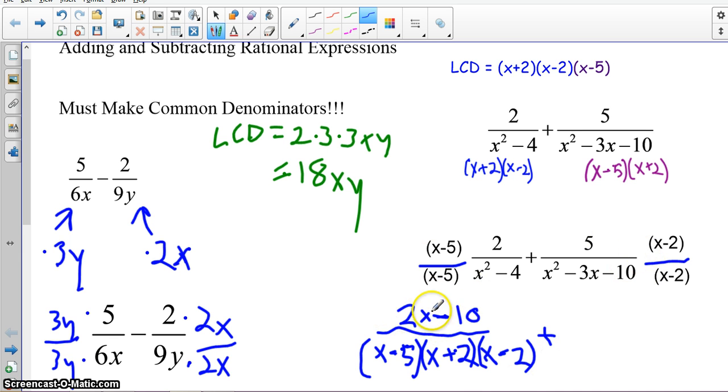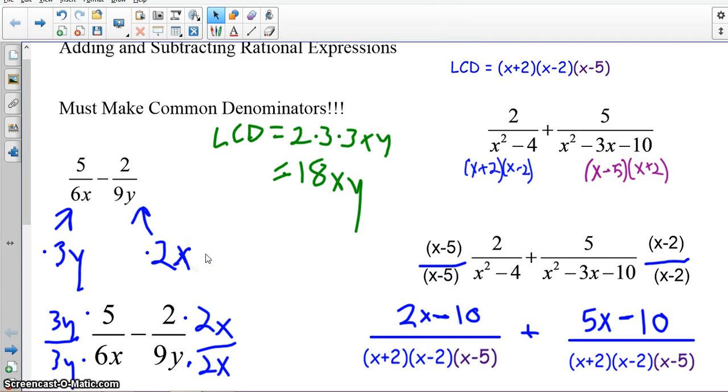I'm going to cheat. So we do x minus 2 times 5, so it's 5x minus 10. I'm running a little low on time, so I'm just going to complete this.